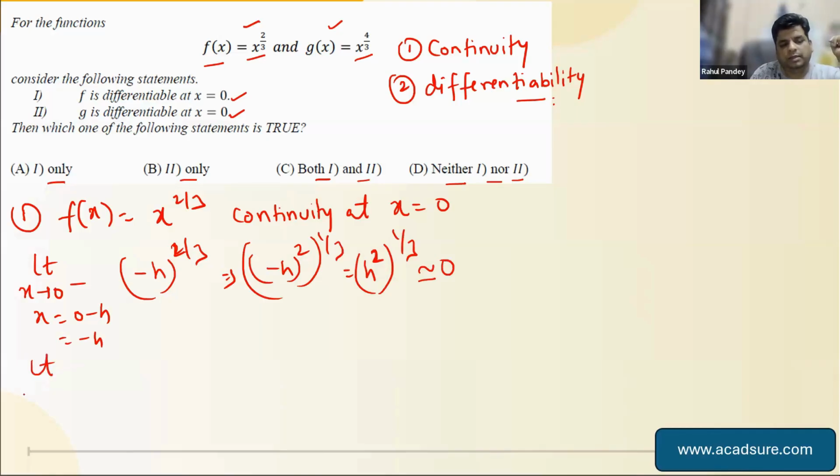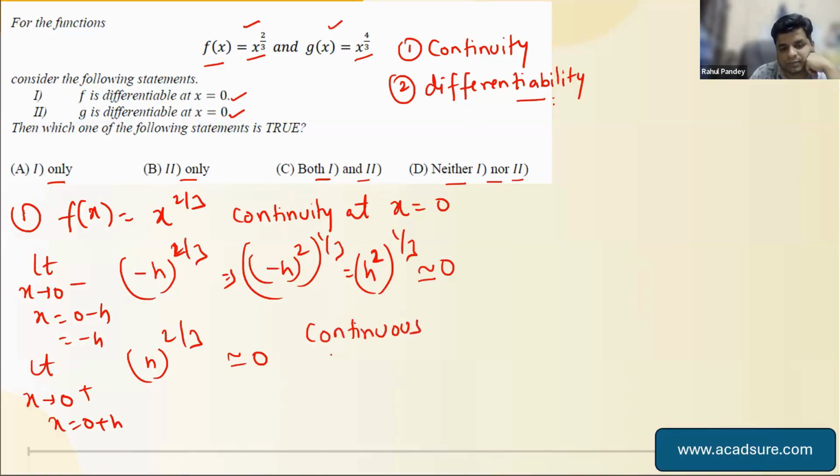Now for the right limit, x tending to 0 plus, x = 0 + h, power 2 by 3. Again, this is tending to 0. So the function f(x) = x^(2/3) is continuous at x = 0.